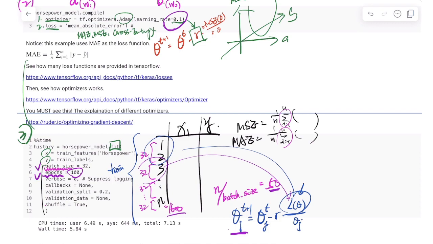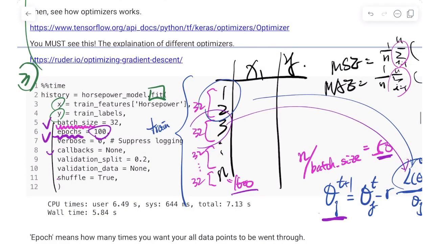And again, the callback right here means what additional process you would like to invoke after each epoch, but right here it is none. We will show you several different callbacks later, but so far it's none.